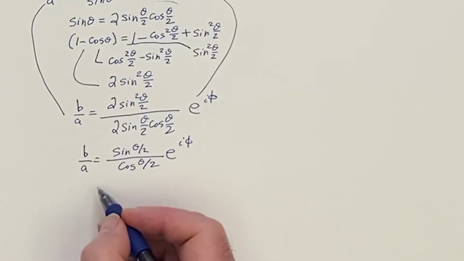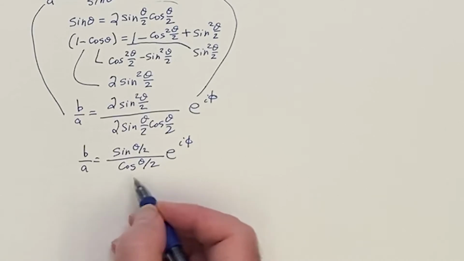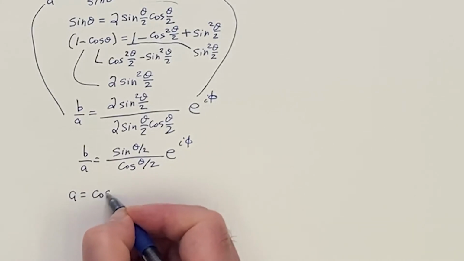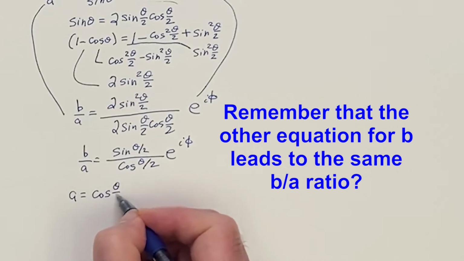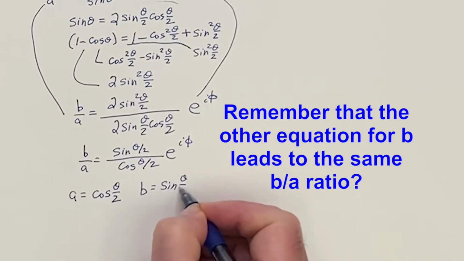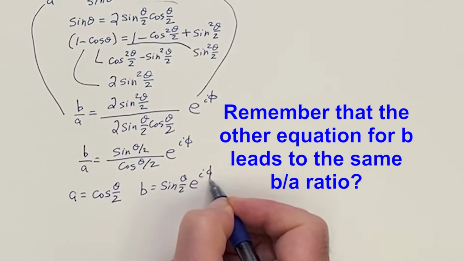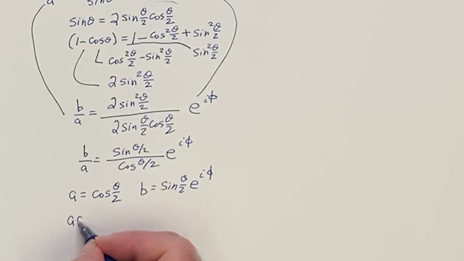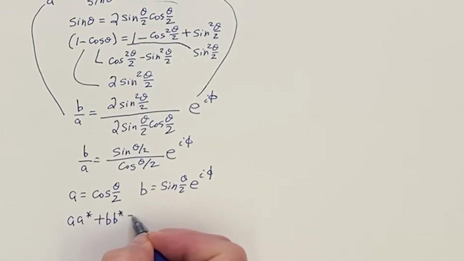So what I'm going to pick here, remember we have normalization, and we'll check with normalization. I'm going to pick that A is the bottom one, like this, and B is the top one with the exponential going with it. Then I'm going to check, remember we said for normalization we want A star A plus B star B to be 1.